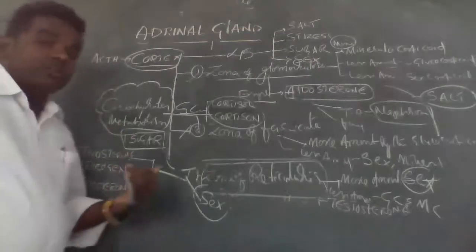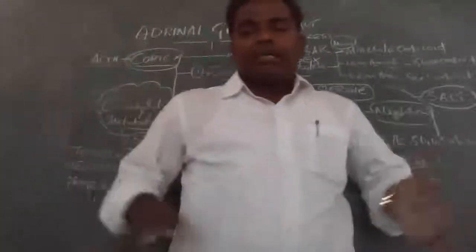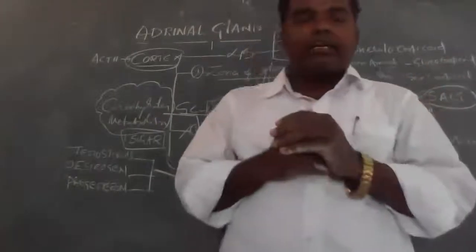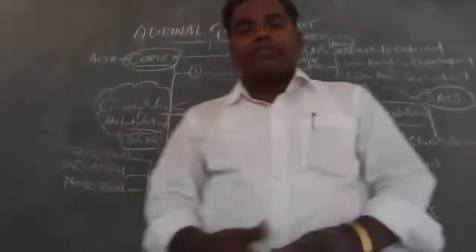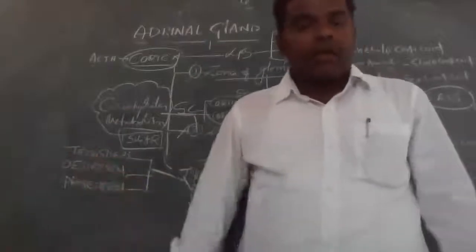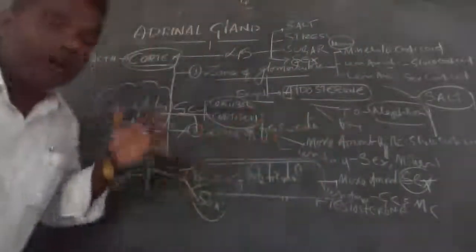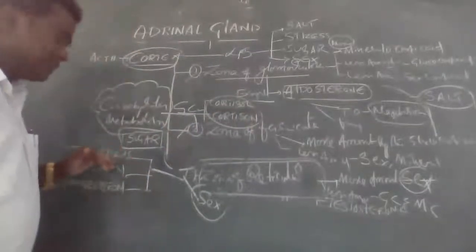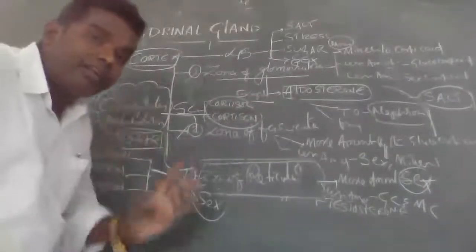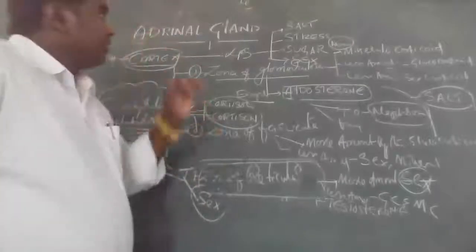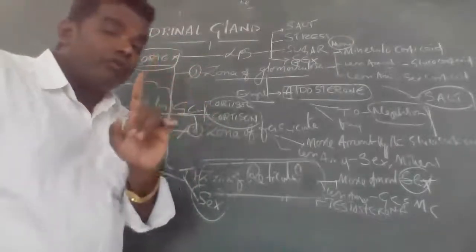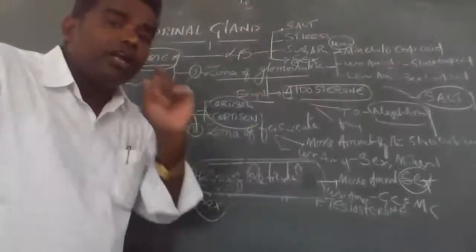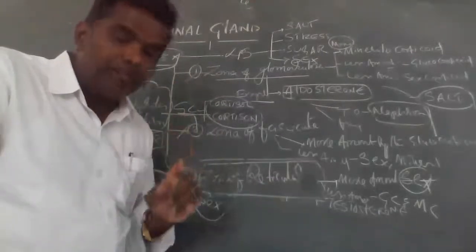Estrogen maintains the menstrual cycle and develops female secondary sexual characters, and progesterone also. This is important about the cortex region of the adrenal gland.